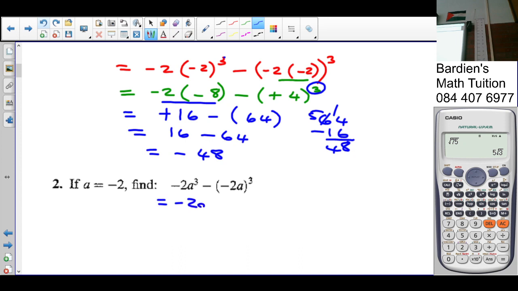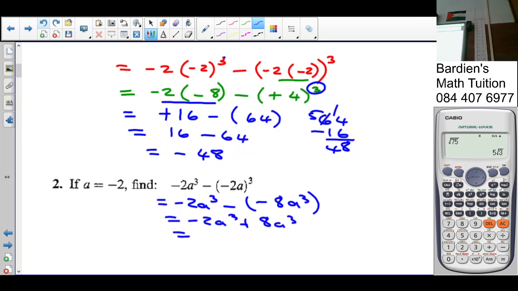So it's going to be negative 2a cubed minus, open a bracket, negative 2 cubed. Positive or negative? Negative. 2 cubed? 8. What's negative times a negative? So it's negative 2a cubed plus 8a cubed.